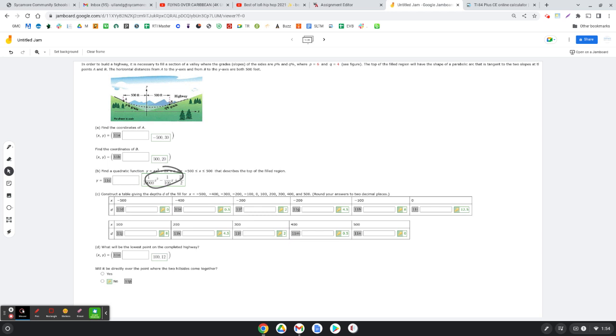What they want is the depth of dirt they're going to have to fill in to make this road. So the depth of the dirt is going to be the curve minus the line.